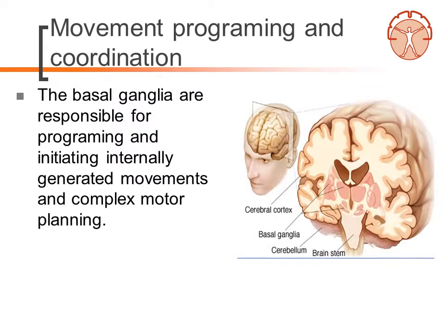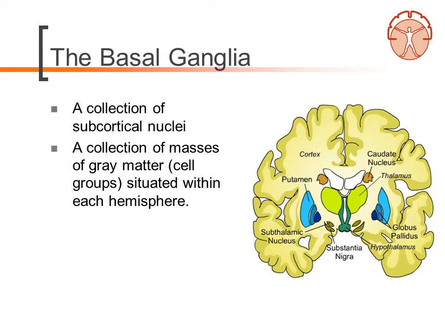The basal ganglia, a part of the extrapyramidal system, are responsible for programming and initiating internally generated movements and complex motor planning. They are a collection of subcortical nuclei, a collection of masses of gray matter, cell groups situated within each hemisphere.